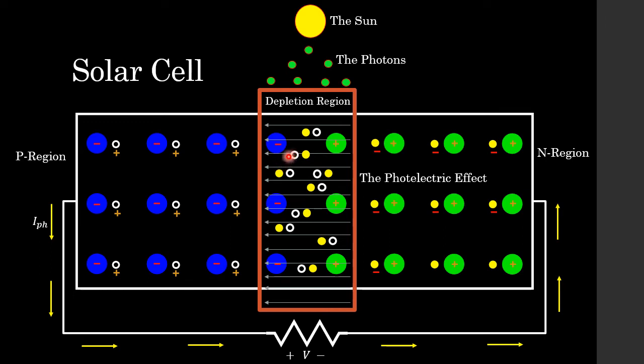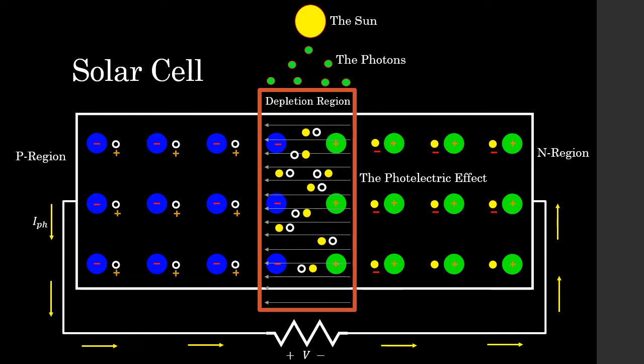As you know, the holes will flow in the same direction as the electric field, and the free electrons will flow in the opposite direction of the electric field. This generates a current, IPH, for photon current, which can then go through some sort of load. Here we represent it using a resistor, and you can see the voltage across that resistor. Important to note, students, that a solar cell is basically a diode that can be used as a source to generate a current, IPH.